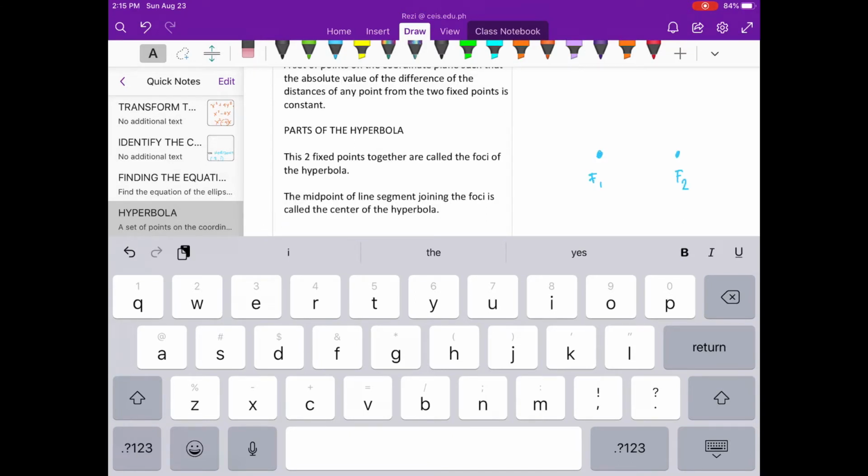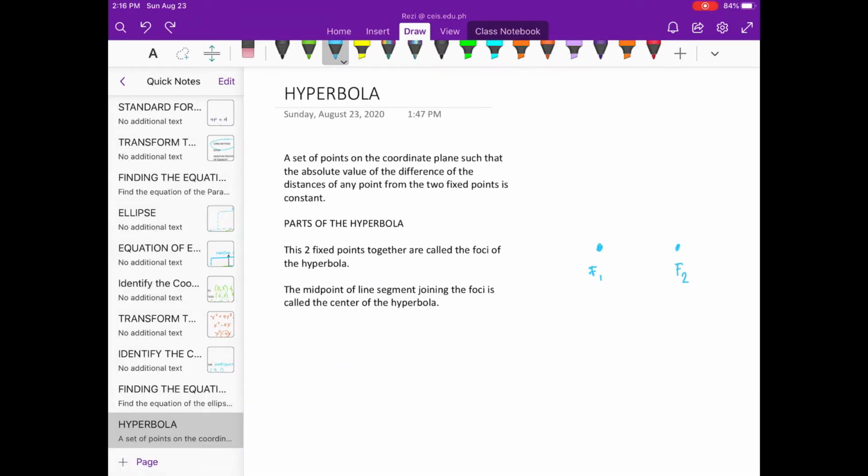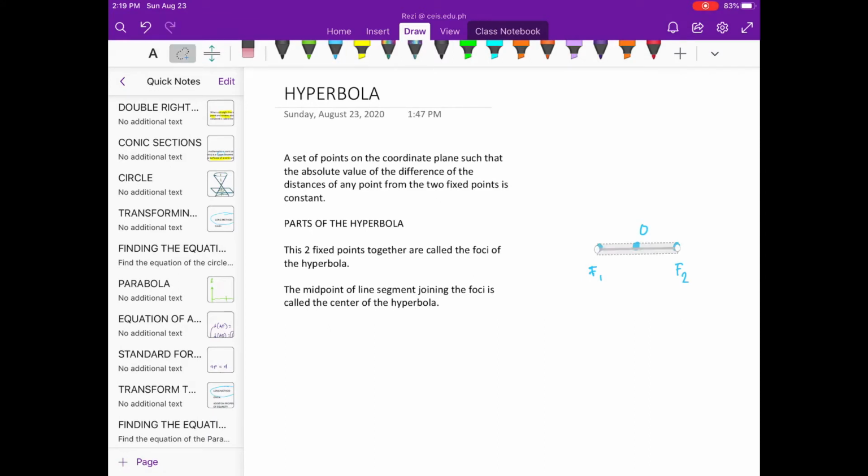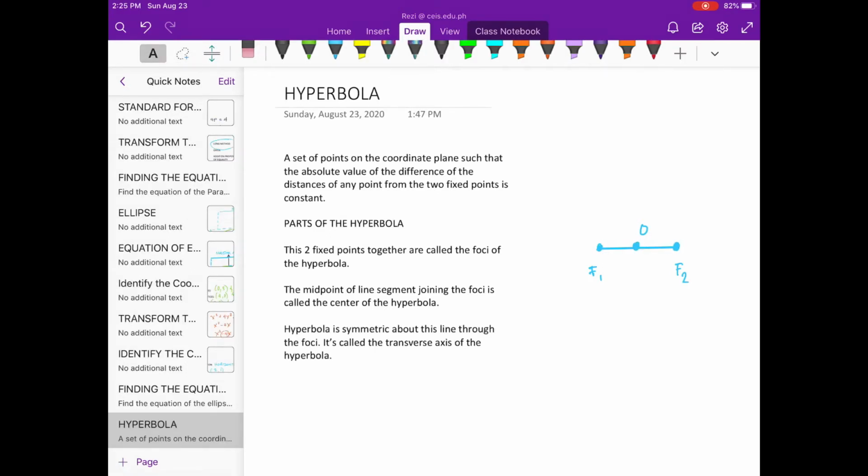The midpoint of the line segment joining the foci is called the center of the hyperbola. So let's draw. The hyperbola is symmetric about this line through the foci.